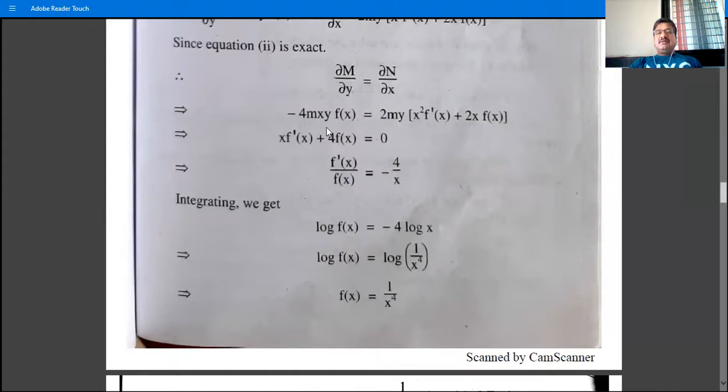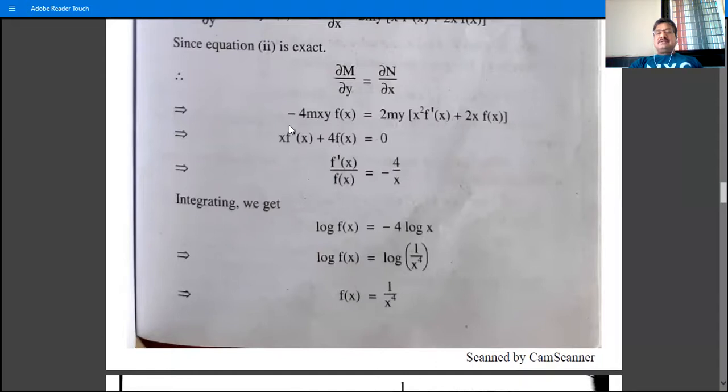By cancelling the common factors, that is cancel m, divide both sides by 2, then cancel x into y, take x common from these two. So we have x f'(x) plus 2 into 2 is 4, x f(x), x gets cancelled, so we have x f'(x) plus 4 f(x) equal to 0.